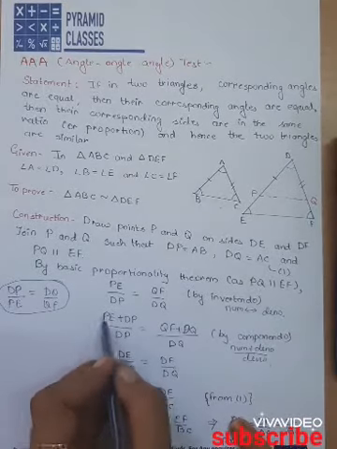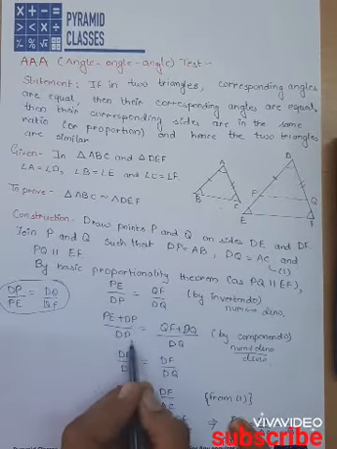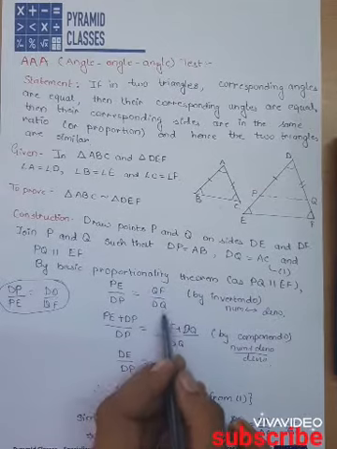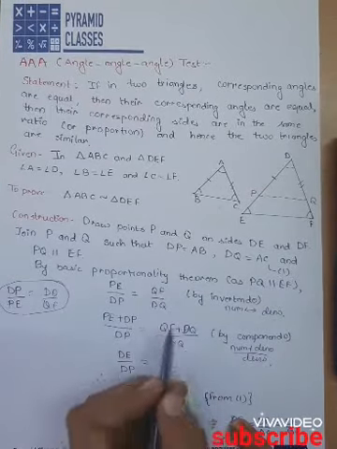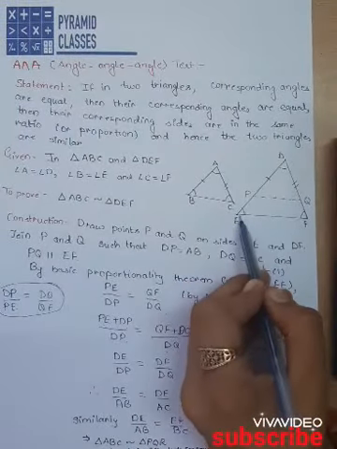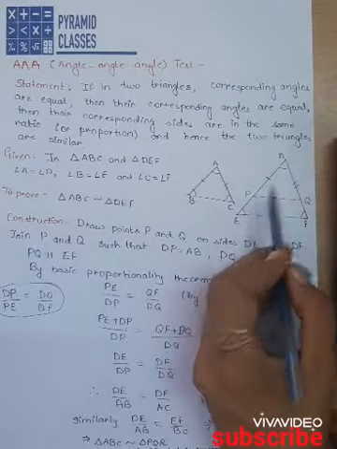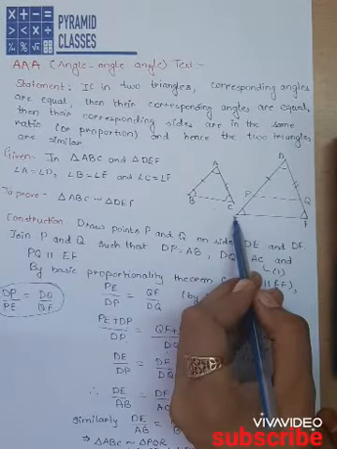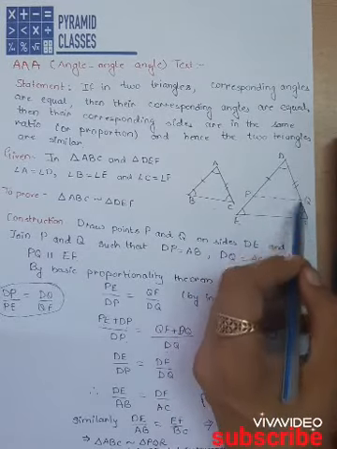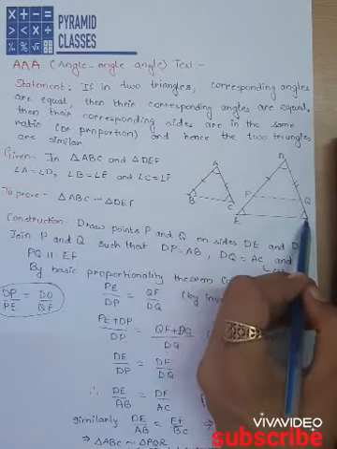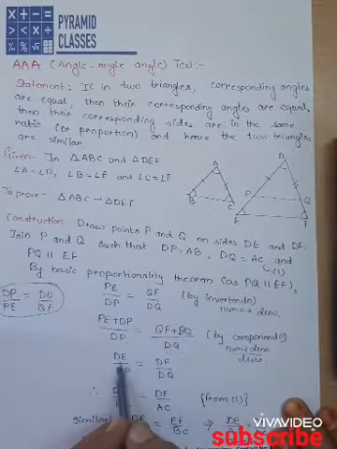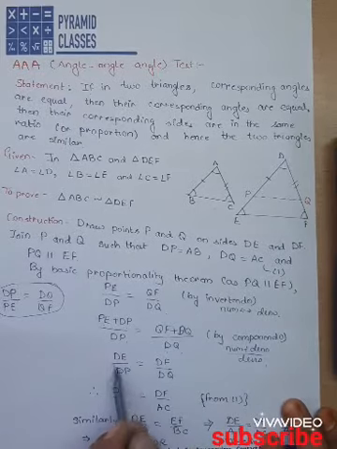So we add DP to PE, over DP as it is, equals QF plus DQ over DQ as it is. PE plus DP gives the entire side DE, and DQ plus QF gives the complete side DF. So we get DE by DP equals DF by DQ.